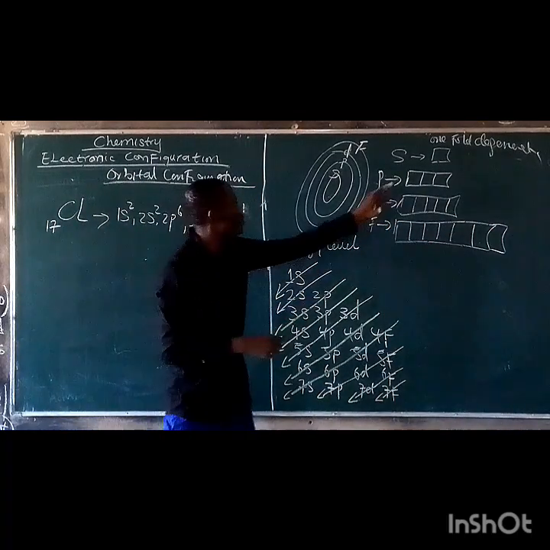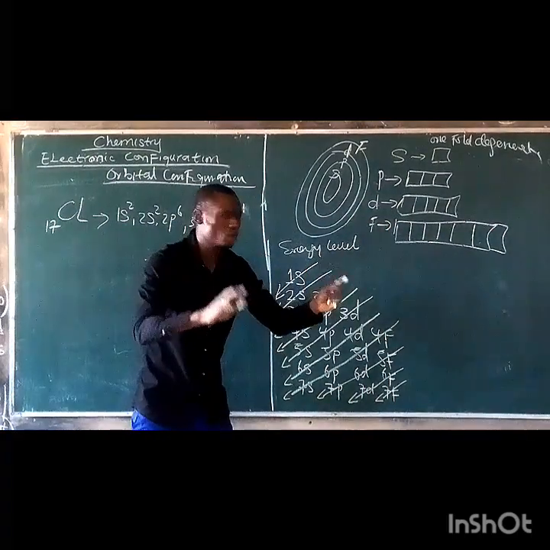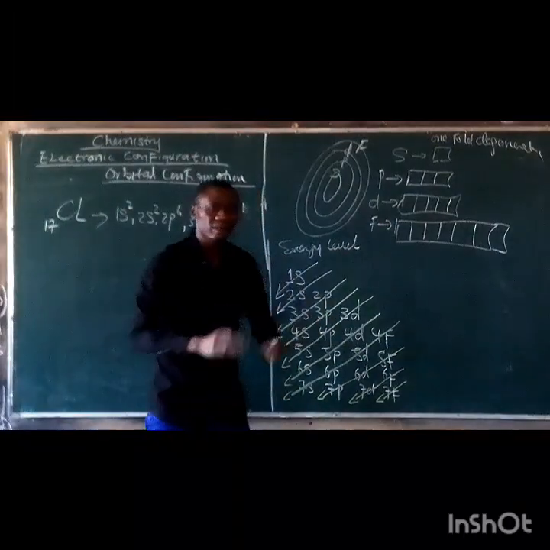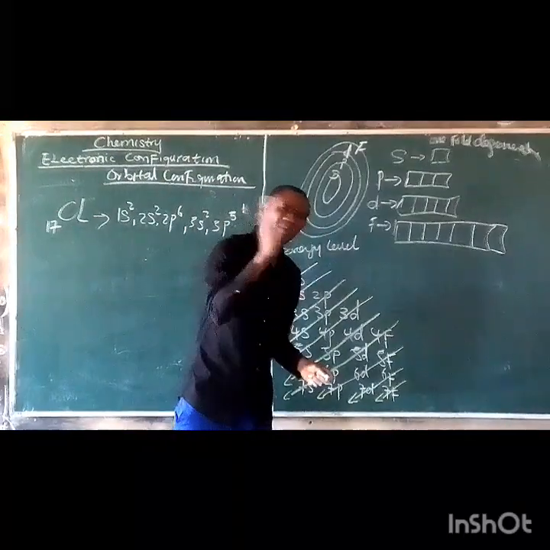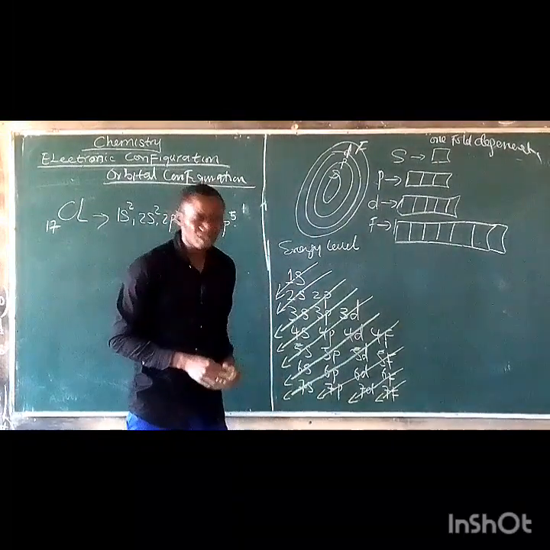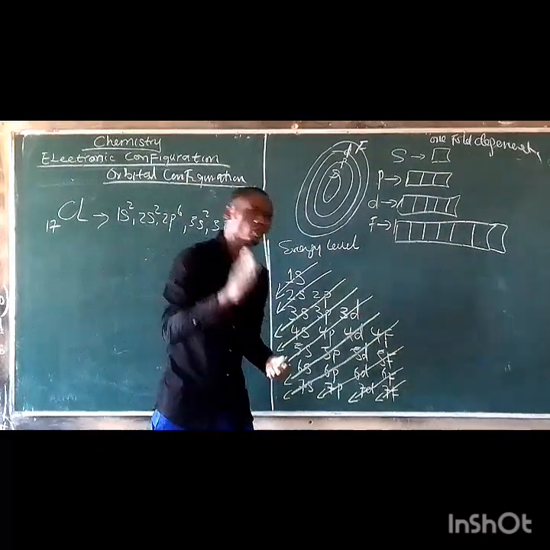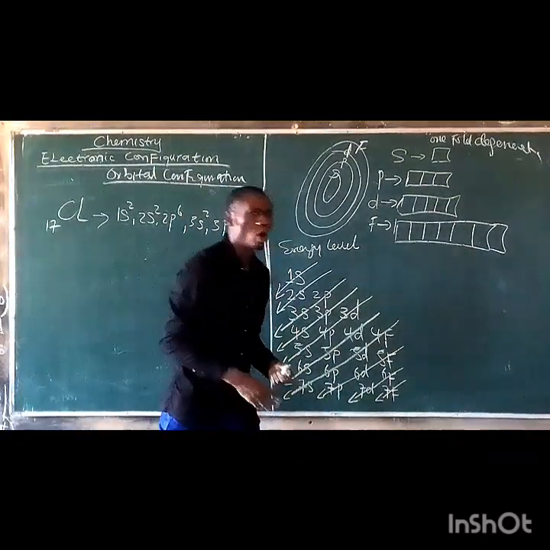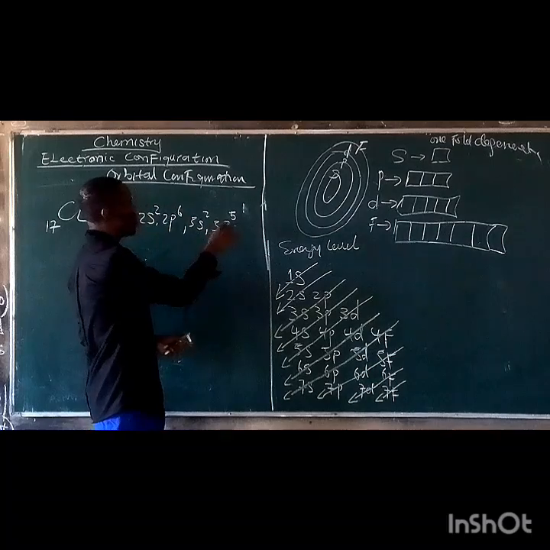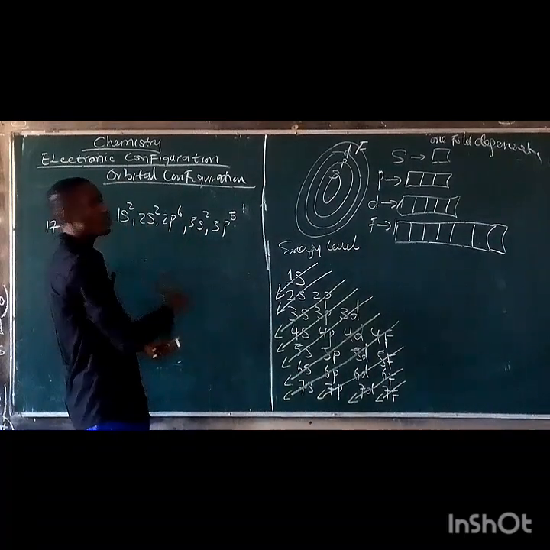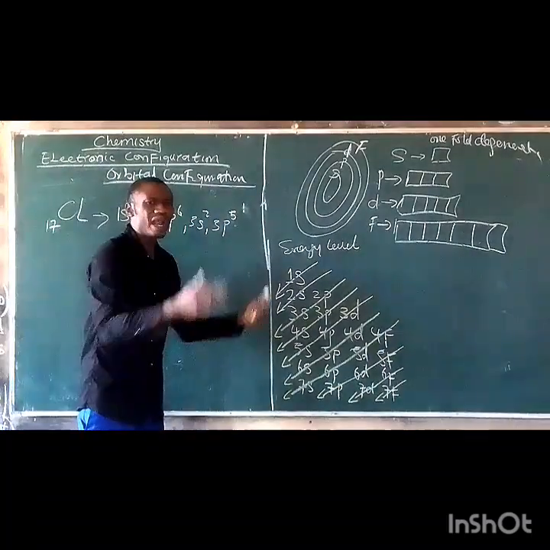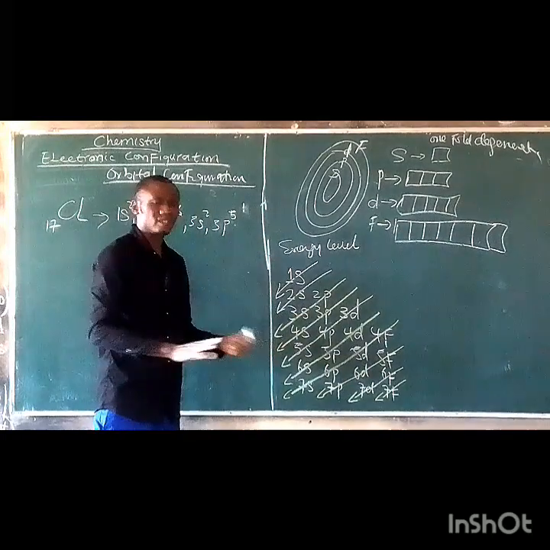Now, notice that the p orbital can contain 6 electrons because it is 3-fold degenerate. But I must not complete it. If I get the number of electrons I'm looking for, I'll stop. The number of electrons I need to complete 17 from this configuration is just 5, and when I get there, I stop.